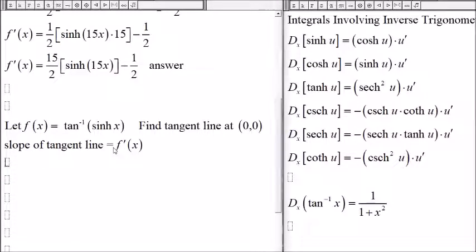The derivative of tangent inverse is 1 over 1 plus x squared. But here we have tangent inverse of hyperbolic sine of x, so in the place of x, we put hyperbolic sine of x.